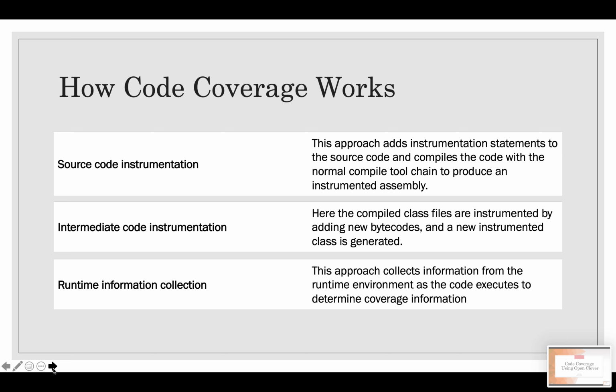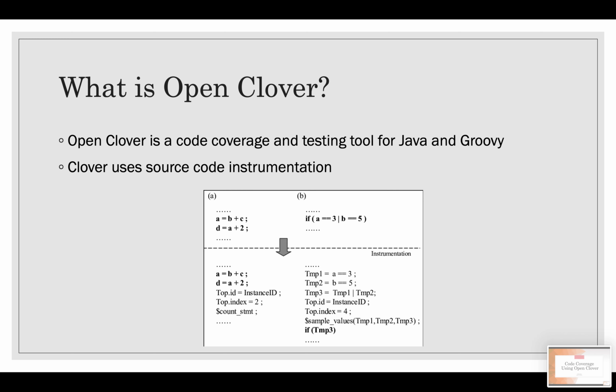That's another way how you can do code coverage. This approach collects information from the runtime environment as the code executes to determine coverage information. So let's have a clear understanding of how source code instrumentation works. And this is how Clover works, that we are going to look at later on.